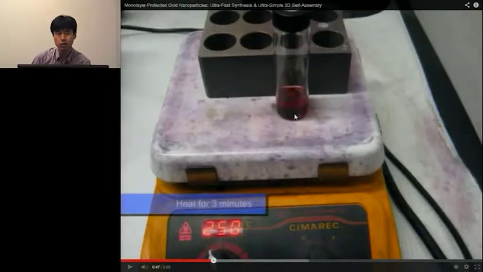As the nanoparticle size gets bigger and bigger, the color of the nanoparticles gets darker and darker, a much darker red. So in a sense, it's bigger than 10 nanometers in size.